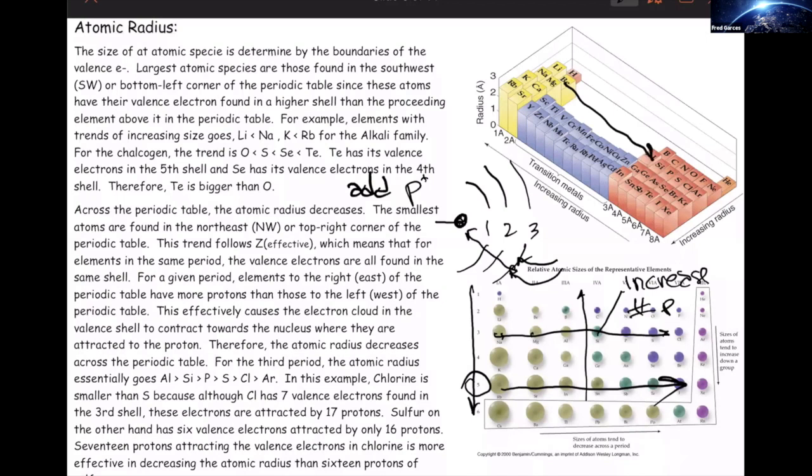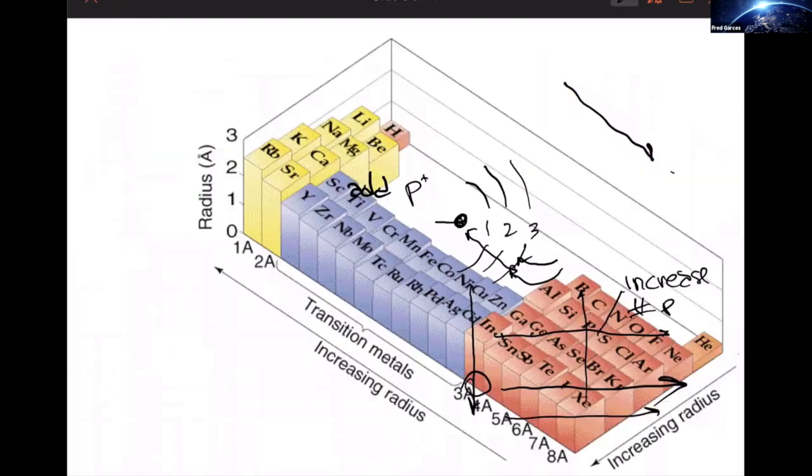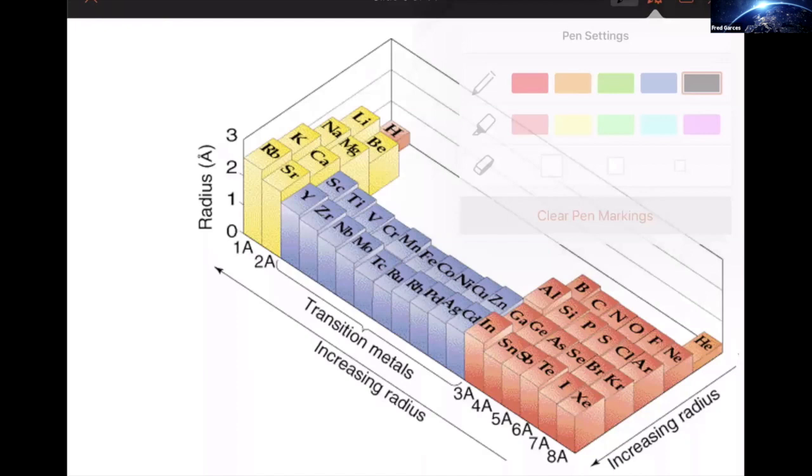There are some deviations, of course. You can see, like right here, these atoms go from smaller and then get a little bit bigger and then go smaller again. And that's based on the electron configuration. But you guys will hear about that in greater detail in Chem 200.